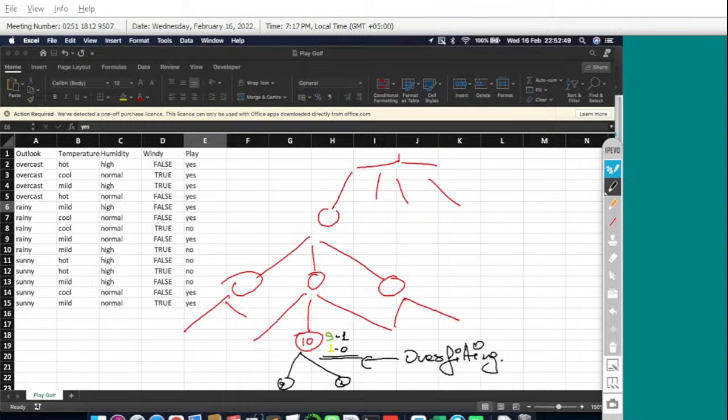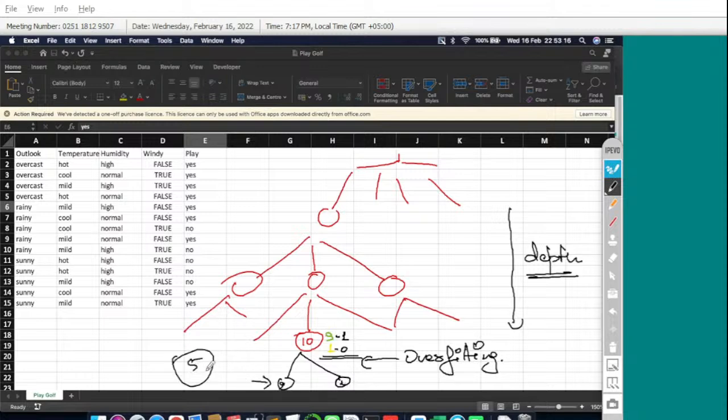Now, what is the solution? We can limit the depth. Specify we should not split the tree more than this many times. We can also say the terminal leaf node should have at least 5 observations.